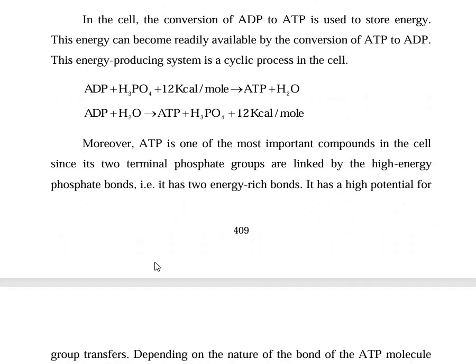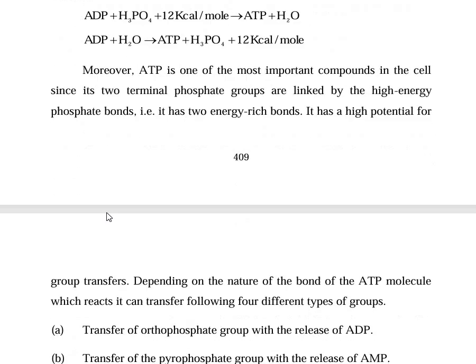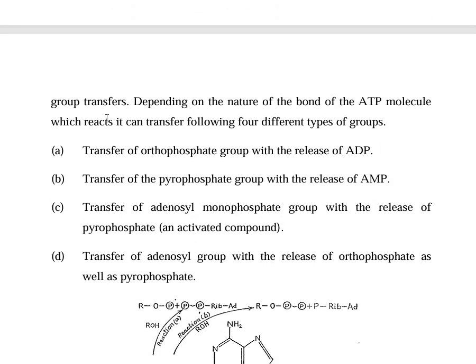ATP is one of the most important compounds in the cell because of its two terminal phosphates. The three phosphate groups are linked by high energy phosphate bonds. That is, it has 2 energy rich bonds and a high potential for group transfer. Depending on the nature of the bond of the ATP molecule which reacts, it can transfer 4 different types of groups.